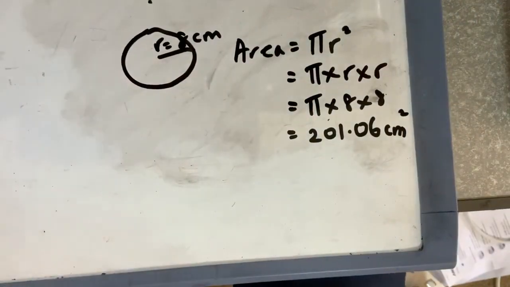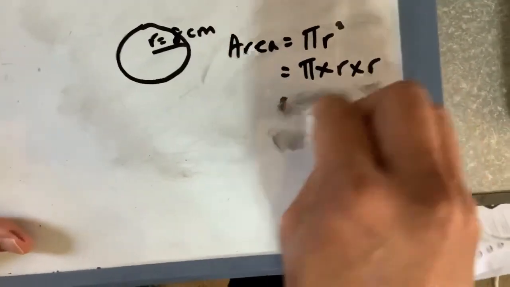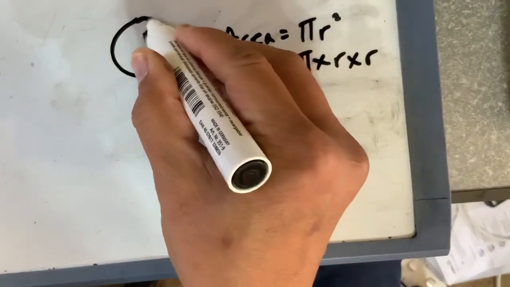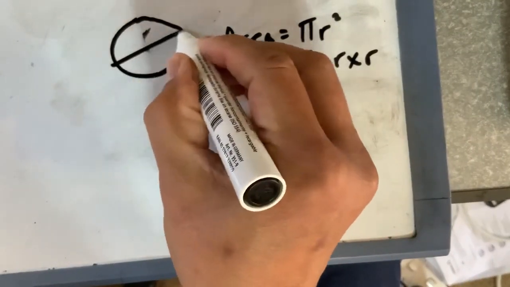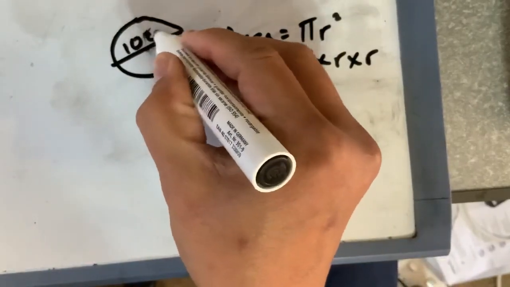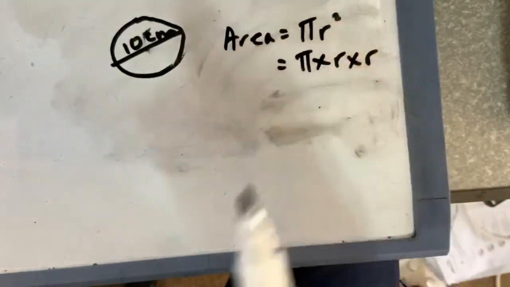Okay. Now we are going to do something slightly different. Instead of the radius given, this time the diameter is given. Okay, so the same circle, but now, like the first example, the diameter is 10. What do you think you do? The formula is still the same.